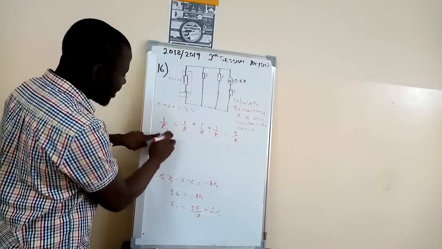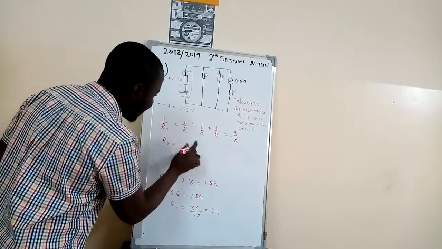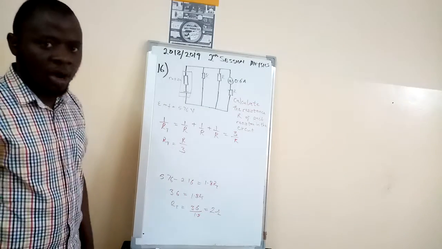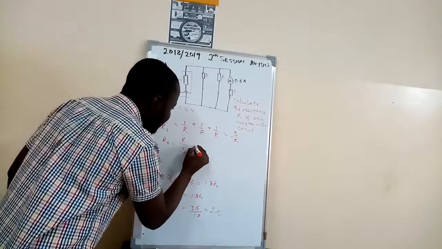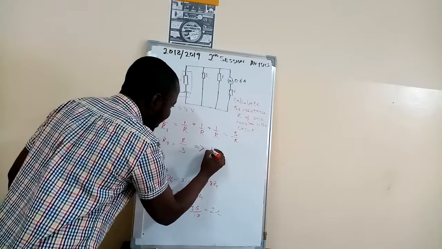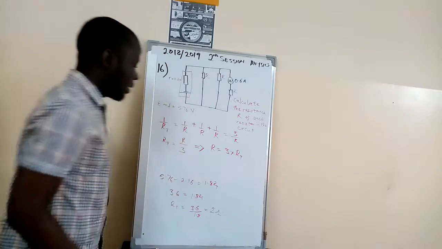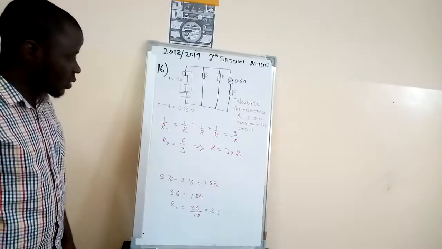Since I have R total here, I will have R divided by 3. That implies that my R is equal to 3 multiplied by R total. Cross multiplication, that's what I did there.